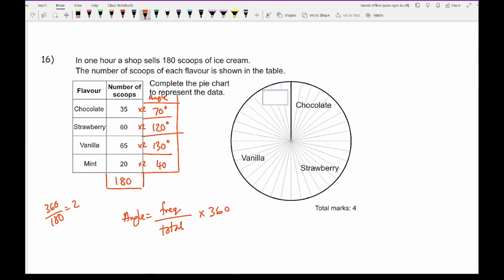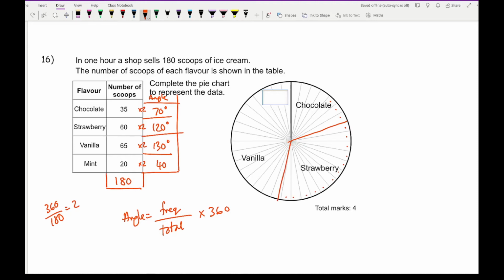Then from this, all I've then got to do is draw the pie chart. Now each section on this is 10 degrees. So for chocolate, it's going to be 7 sections. So 1, 2, 3, 4, 5, 6, 7, so it's going to be there. Then for strawberry, it's 12 of them, so 1, 2, 3, up to 12.